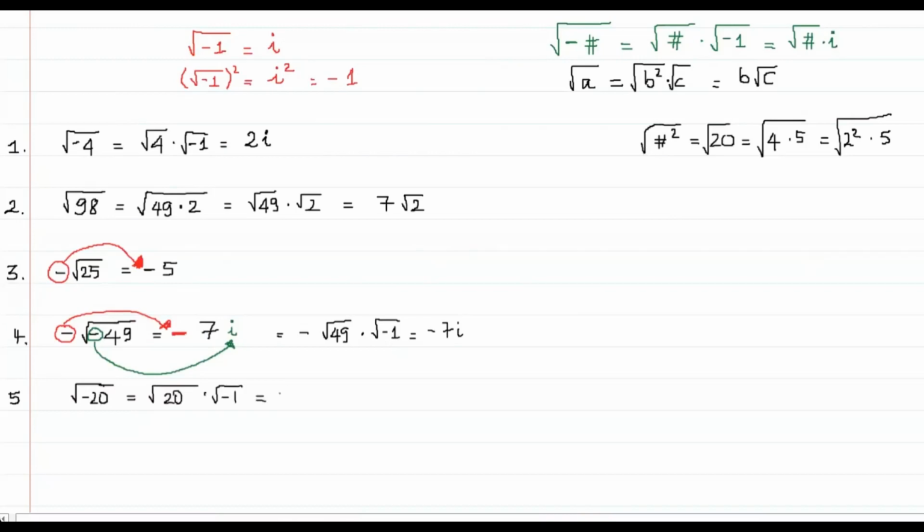That equals square root of 4 times 5 times square root of negative 1, and square root of 4 times square root of 5 times square root of -1, that is 2i square root of 5.